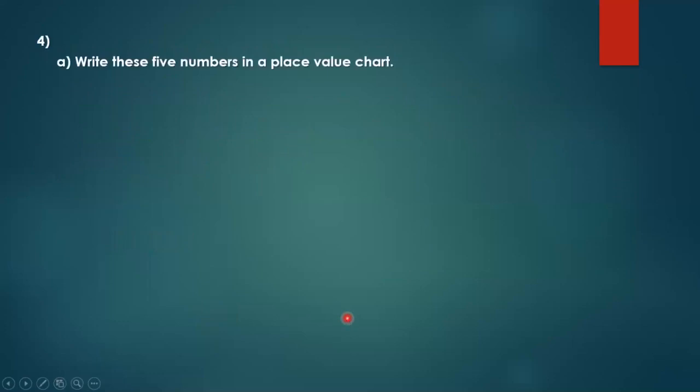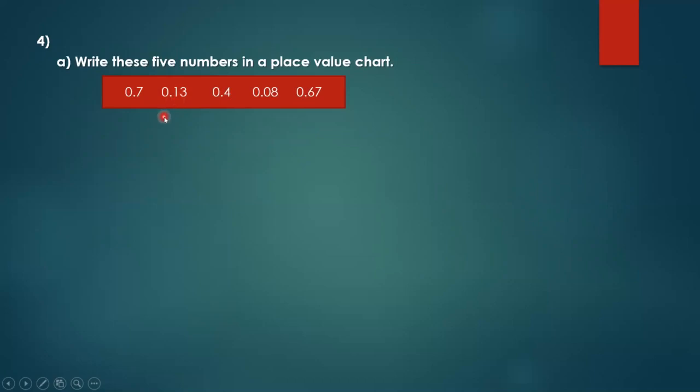Okay, the fourth one is: write these 5 numbers in a place value chart. These are the 5 numbers: 0.7, 0.13, 0.4, 0.08, and 0.67. After the decimal point, you will be reading this number as 0.7. Now coming to this number 0.13, here it is a decimal notation, so don't read it out as 0.30.